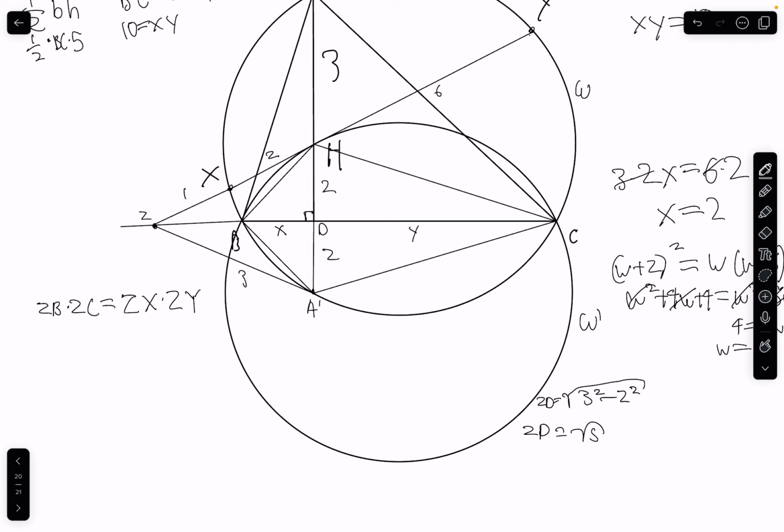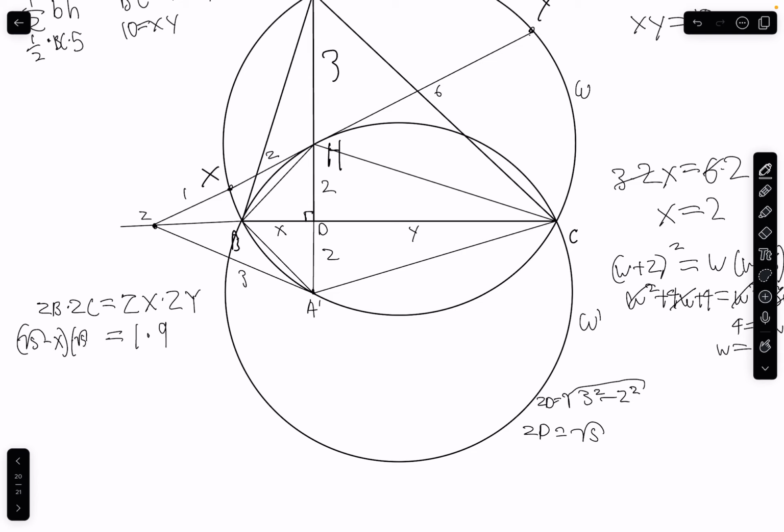So we know that ZX is equal to 1, ZY is equal to 9, and ZB we can write in terms of X and Y here, which is what we're trying to solve for. So we know that ZD is the square root of 5. That means ZB is equal to the square root of 5 minus X, and ZC is ZD plus DC, and DC is equal to Y.